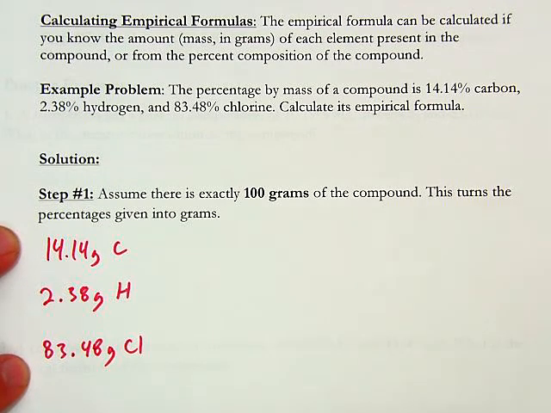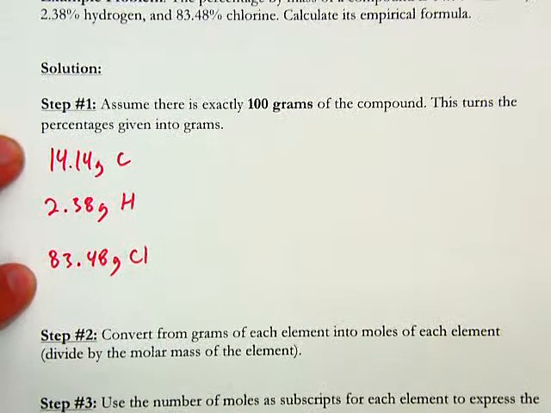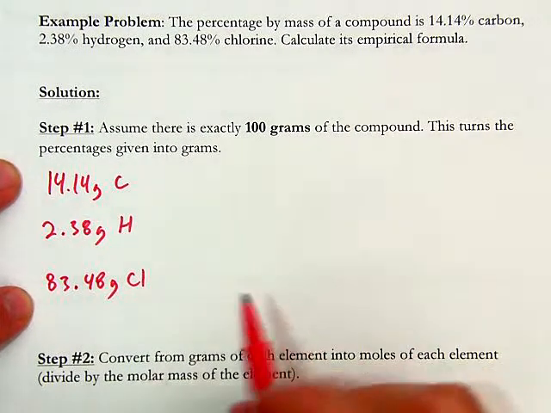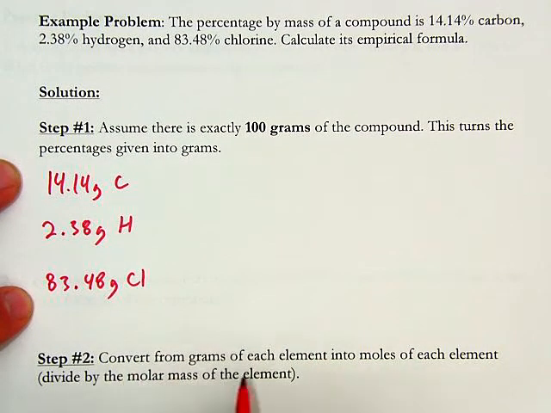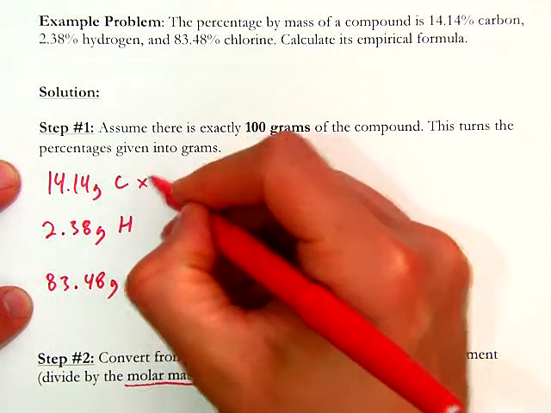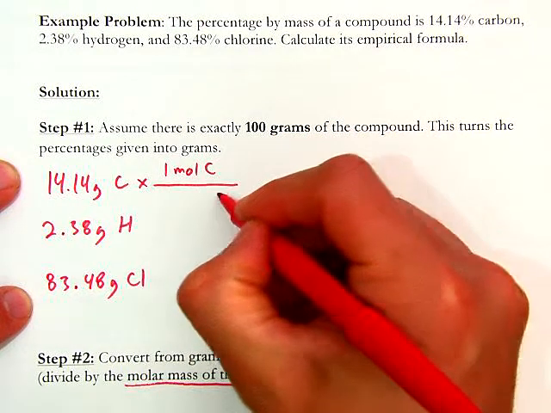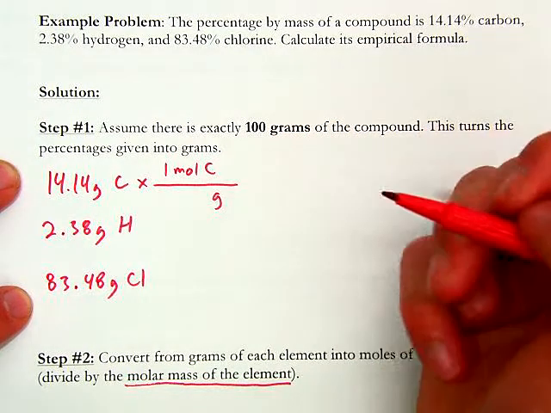All right, step 2 is to convert from grams to moles. That means that you have to divide by the molar mass of each element. So I'm going to turn these grams of carbon into moles of carbon. 1 mole of carbon is some number of grams, so I'm going to divide by the molar mass of carbon.